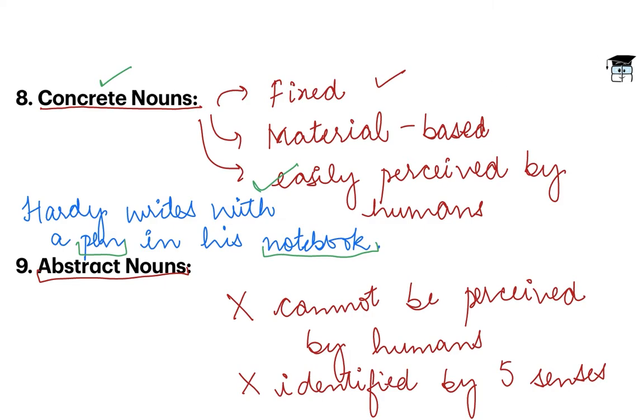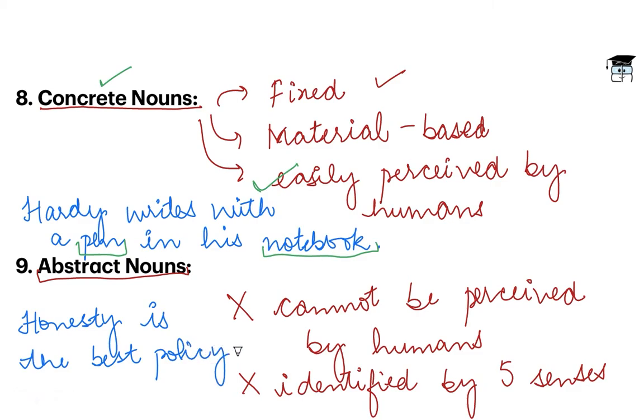Okay, an example of such a noun would be: honesty is the best policy. Now, in this example, think about the word honesty. This word cannot be perceived by humans, right?